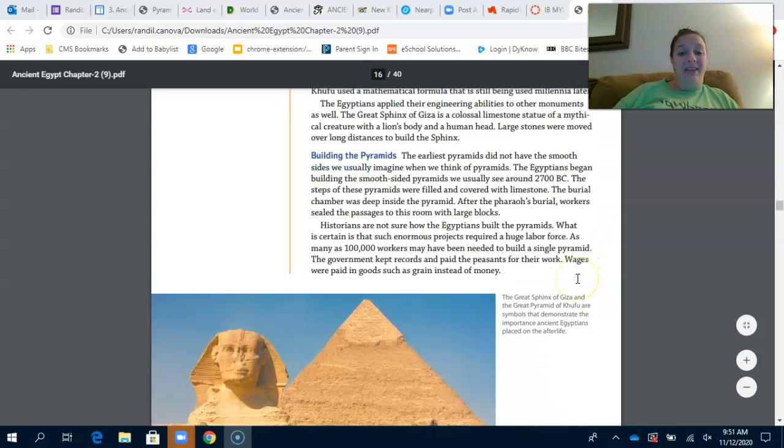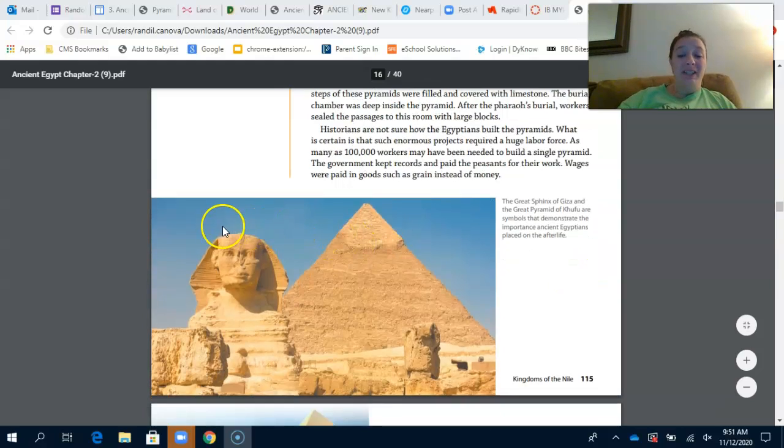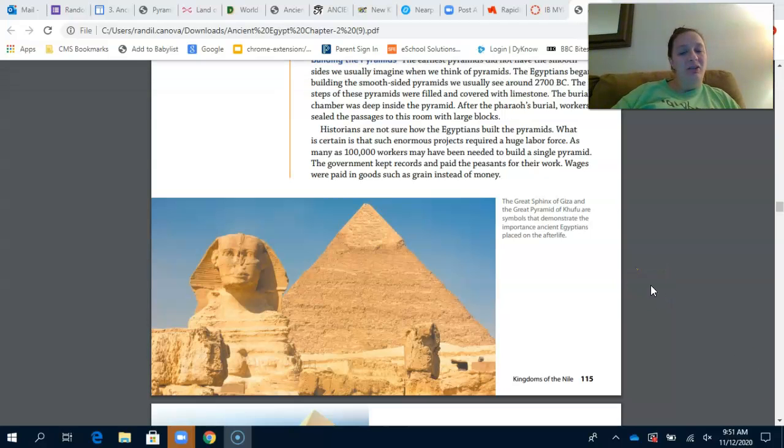But the fact that the pyramids were even built, or the Sphinx, as you can see here in the picture, was even built, shows us how technologically advanced and smart the ancient Egyptians were. And they often covered the inside of their pyramids and their temples with all sorts of pictures and art forms. So we have lots of art and architecture that has been preserved for us to examine in ancient Egypt, which is awesome.